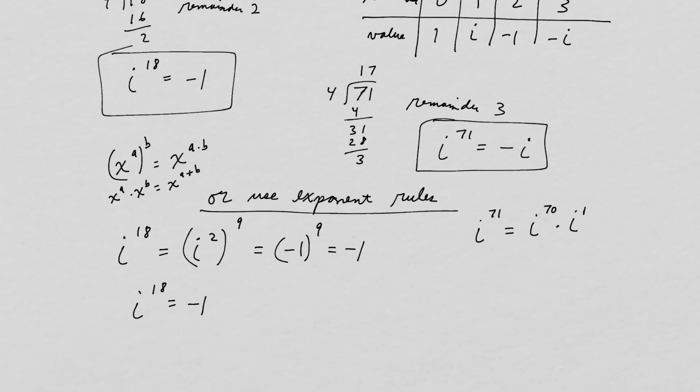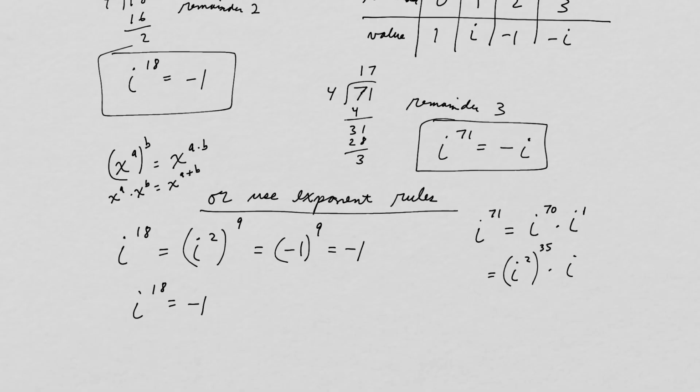So I'm just going backwards. I'm saying 71 is like 70 plus 1, so i to the 71 must be the same as i to the 70th times i to the 1. Then I rewrite the even exponent as i squared raised to, well, 2 times what will give me 70? 35. Times, and I still have i to the 1, which is i.